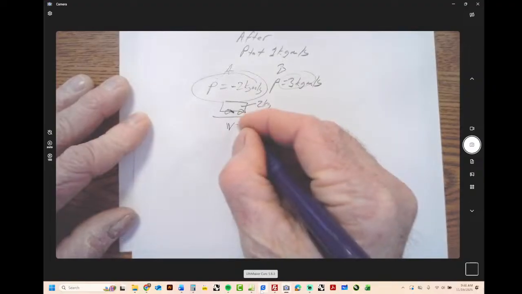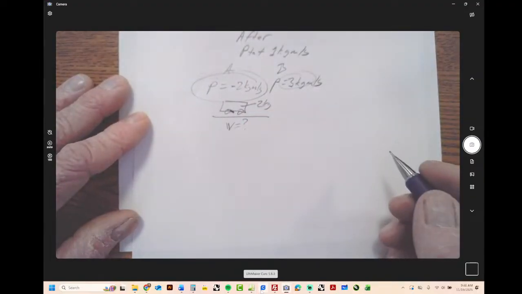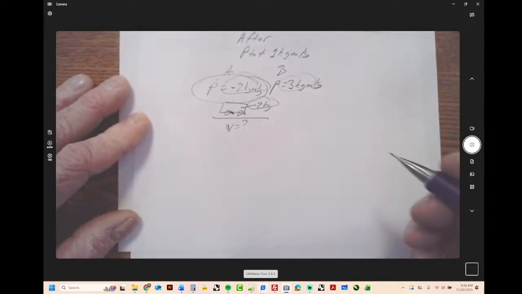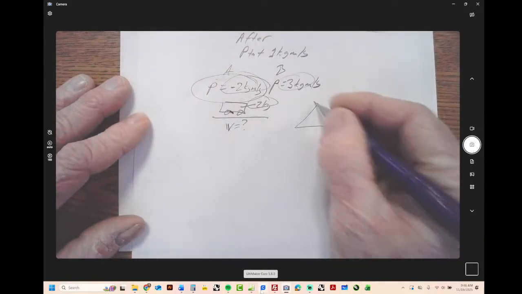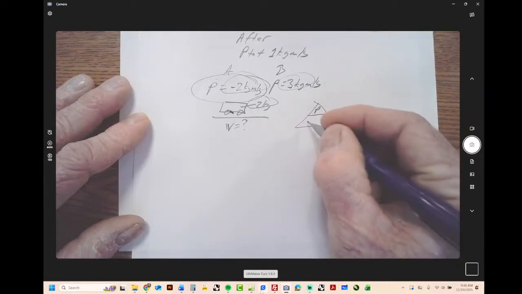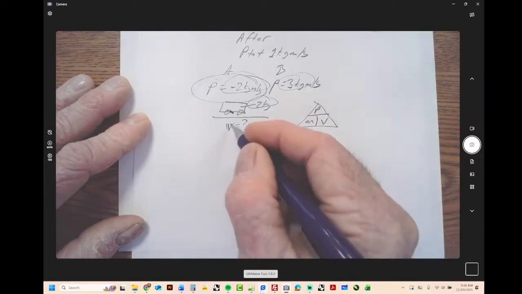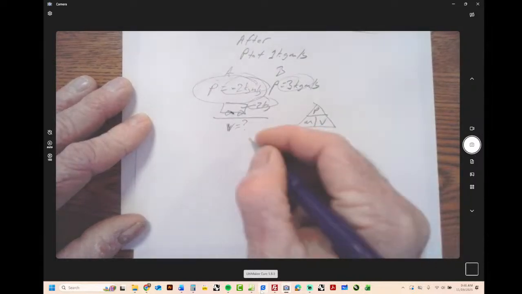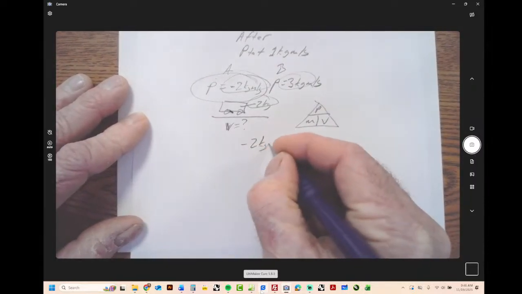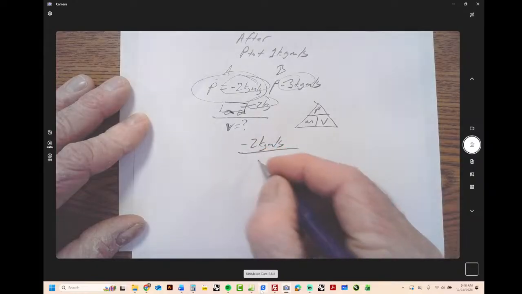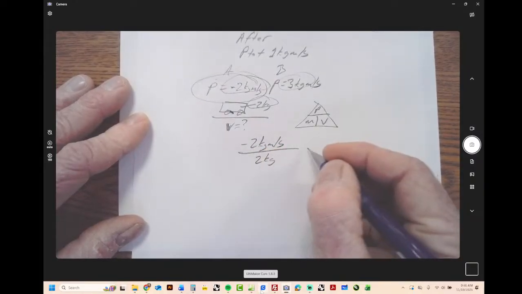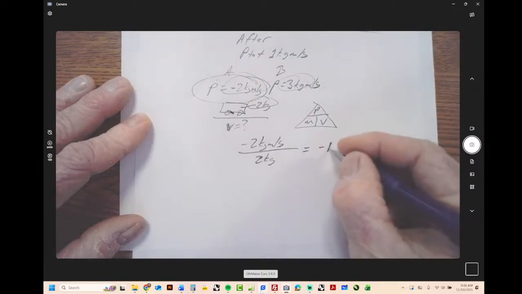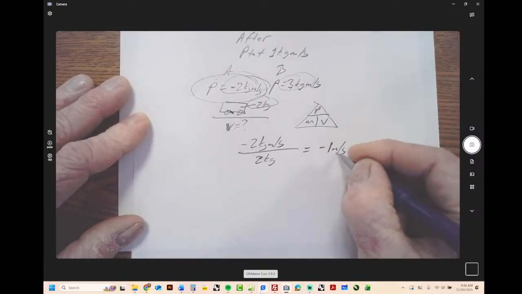How do I figure that out? I know the momentum. I know the mass. I use the momentum formula. So momentum equals mass times velocity. If I'm looking for velocity, it's momentum over mass. So the momentum is negative 2 kilograms meters per second, and the mass is 2 kilograms. So the velocity is negative 1 meter per second.